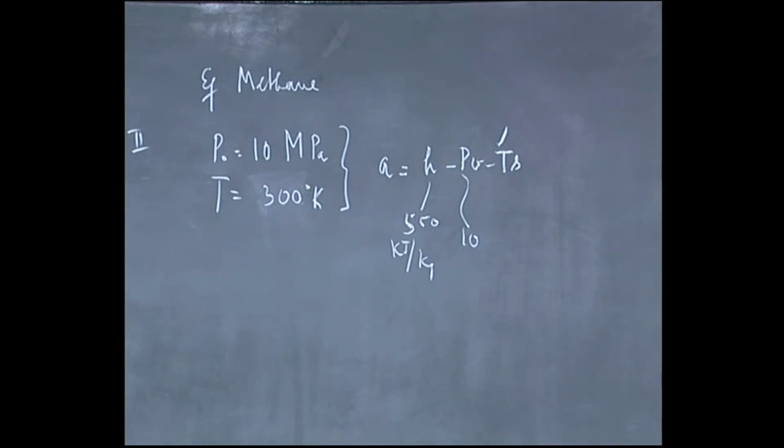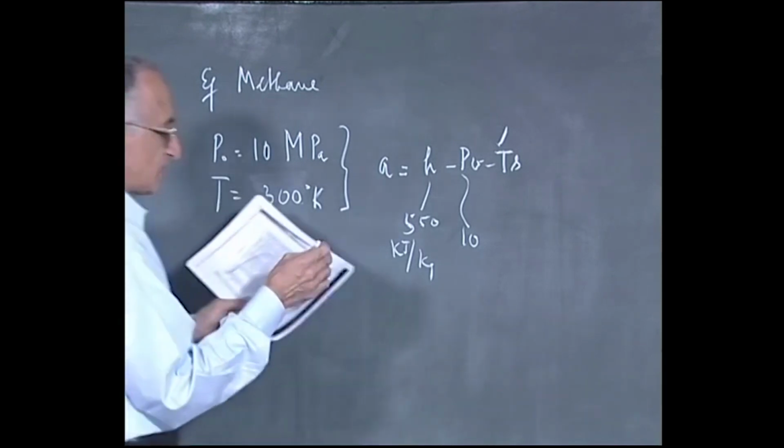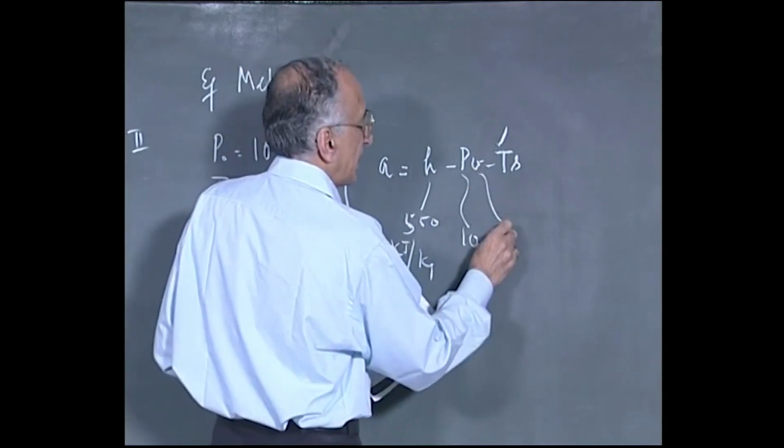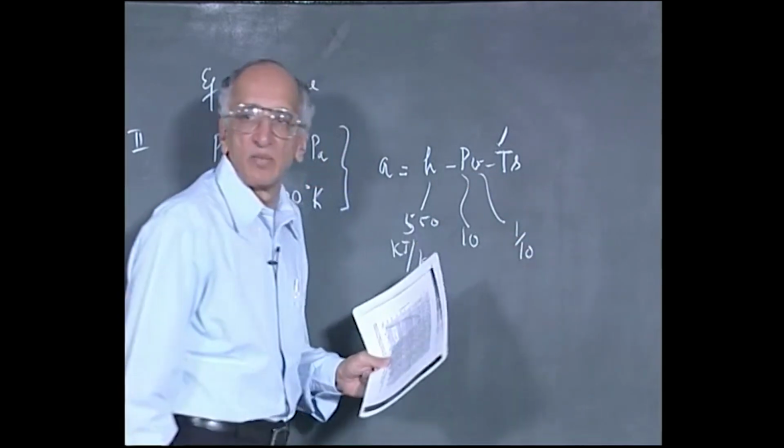These lines, he has marked density, is it? Okay, they have changed, this is not specific volume, actually density is given. This chart has changed since the last edition. So this is actually 1 by that, so this is about 1 by 10 meter cube per kg.